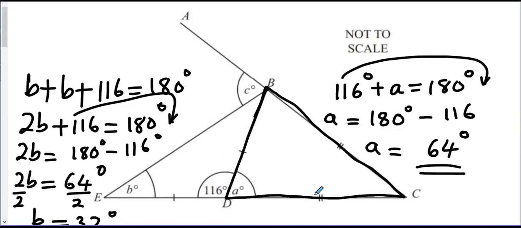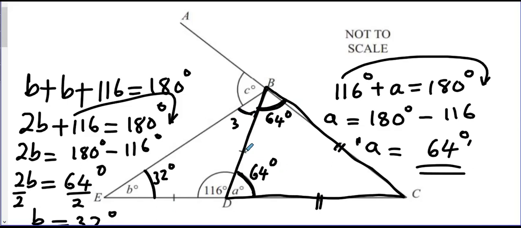We said that if they keep these two symbols here, they mean if this angle is A, even that angle will be A, and I got A is 64. So this will be 64, even this angle will be 64. But do you remember we also got B? B is 32. Also this part will be 32.